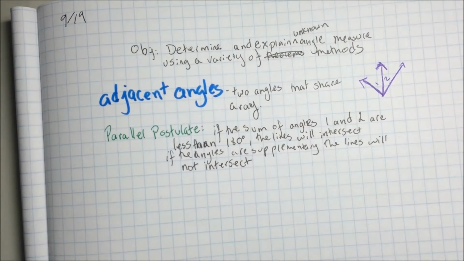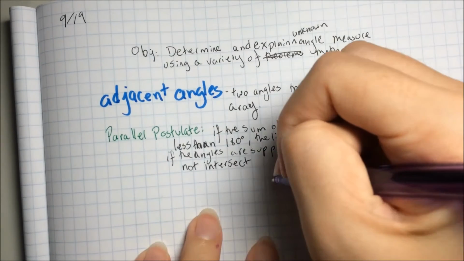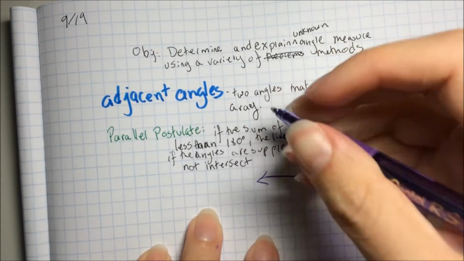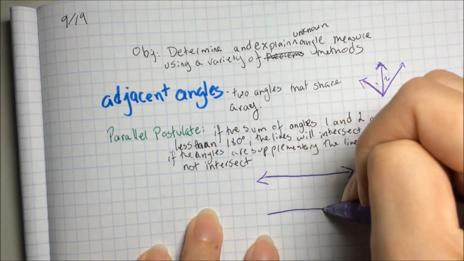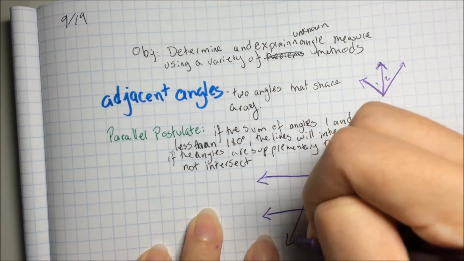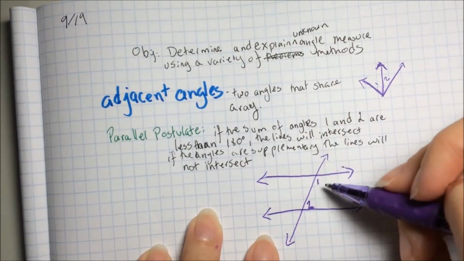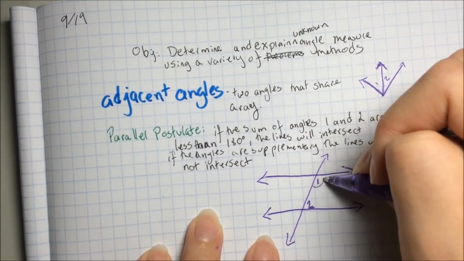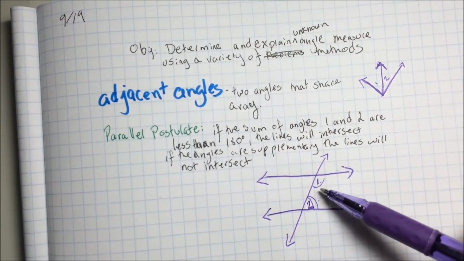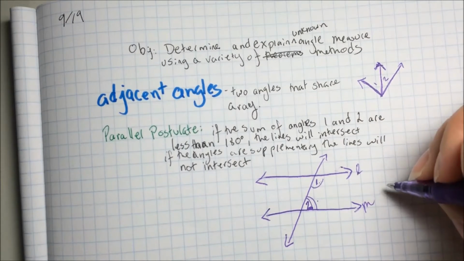Okay, so we need a picture to go along with this. Okay, so here's my pair of lines. Here's angle 1 and angle 2. If these two angles right here on the interior of the two parallel lines add up to 180, lines L and M are parallel.